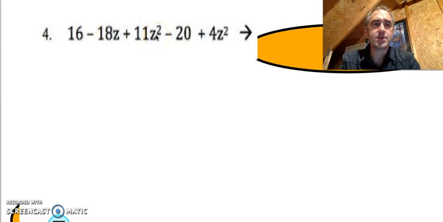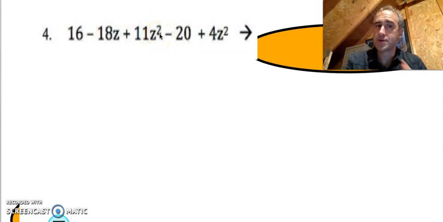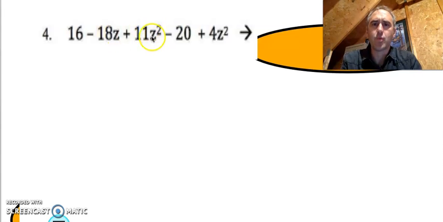Now z squareds in our notes we learned are different than z's. This z squared, the squared exponent there, is extremely powerful. We talked about it like a superpower, and you can't combine it with just a normal z. It's too much, it overpowers it. When we substitute z in, we'll get a completely different answer once we square it. So these are not like.